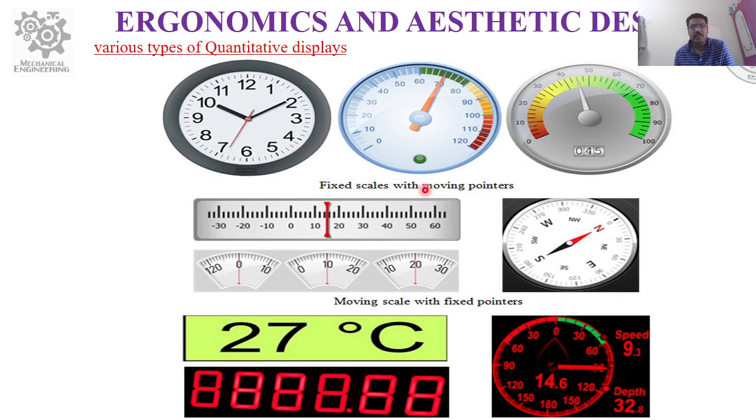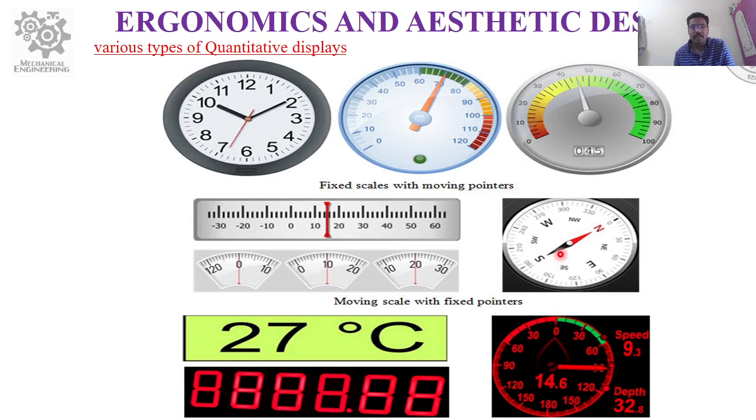First, fixed scales with moving pointers. So the scale is fixed here, and this point is the fixed center point. Only the moving pointer will move on the display. It shows the exact information about the display system. Second, we go for a moving scale with a fixed pointer.